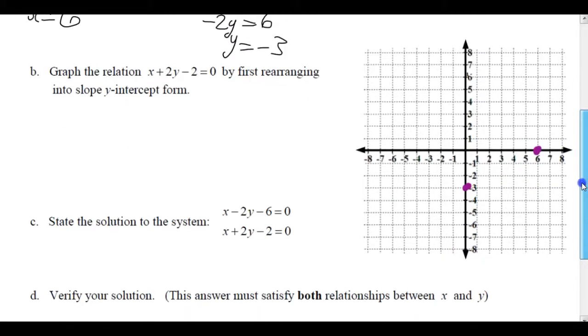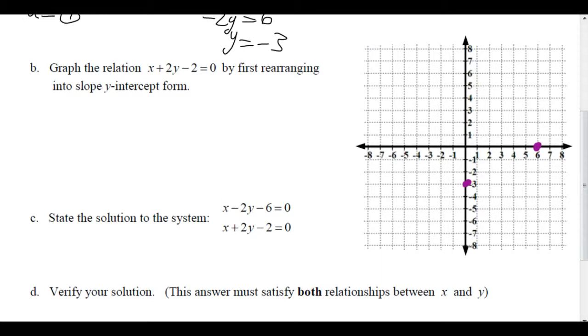Draw the line between those 2 points. I'm going to use my line tool, which I'm going to set to an arrowhead. Okay, I'm going to go through those 2 points. Extend the line. Okay, and we have arrowheads.